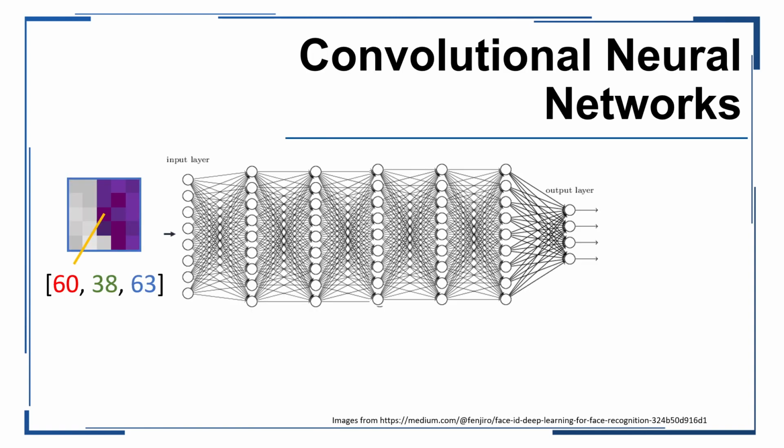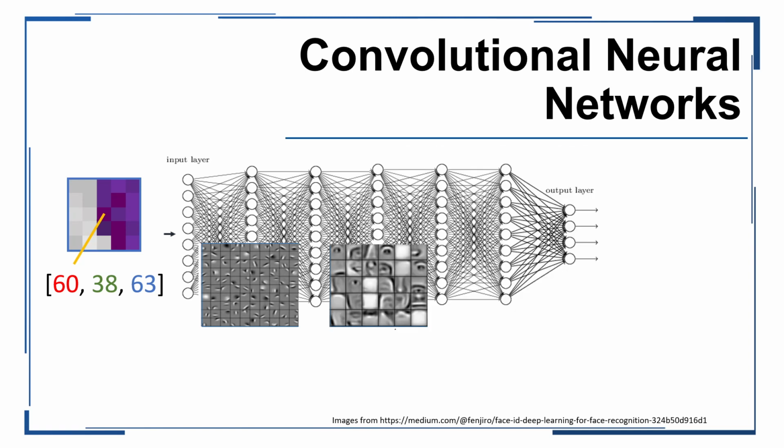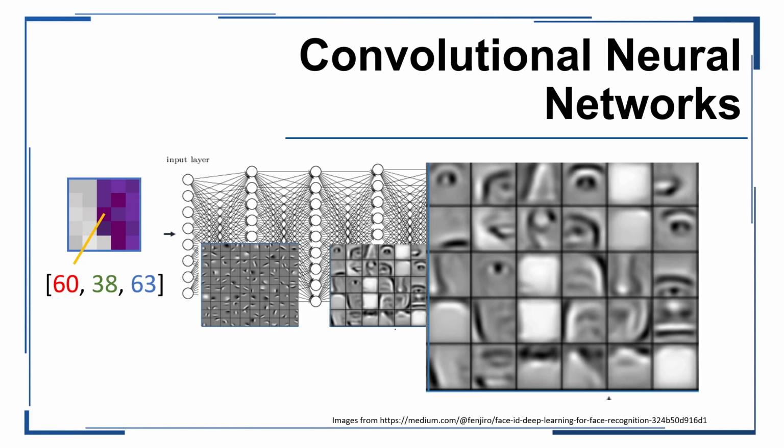Since image processing is relatively unstructured compared to other forms of educational data, deeper networks are typically needed to learn meaningful features. Convolutional neural networks also allow us to visualize filters that are learned at each part of the network, something that is uniquely characteristic to this type of model. From raw pixels, we could see that early layers might learn some abstract features that start to describe edges or very simple shapes that are then combined to recognize other features that might start to appear a little bit more recognizable.